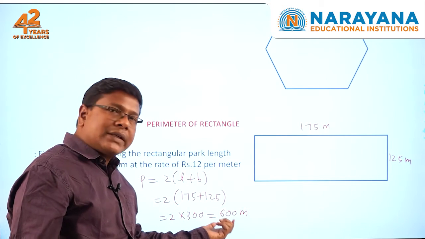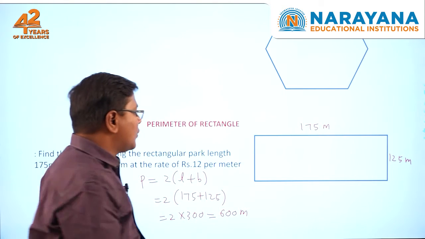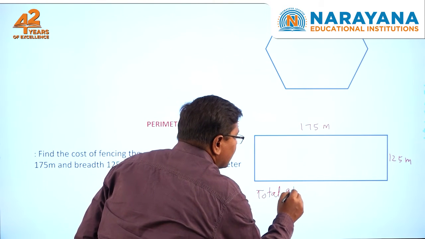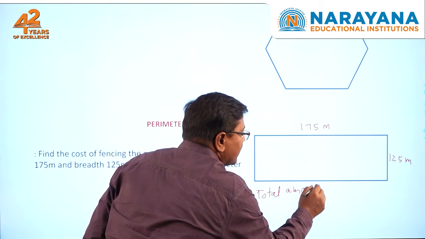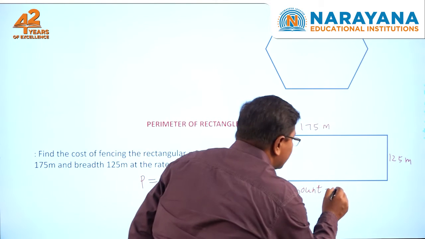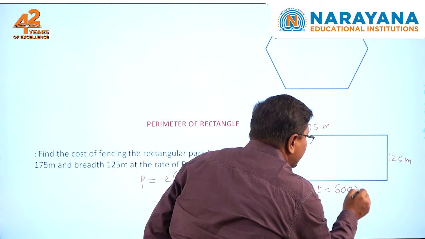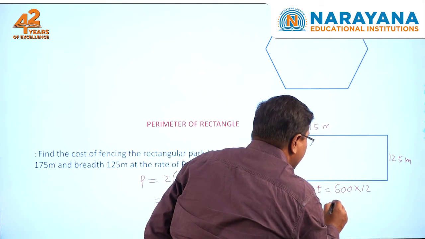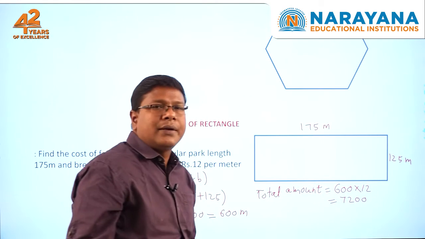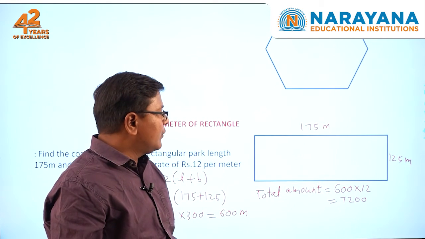So for 600 meters, how much amount will we get? Therefore the total amount of fencing is equal to 600 into 12. 6 twelves are 72, so 7200.